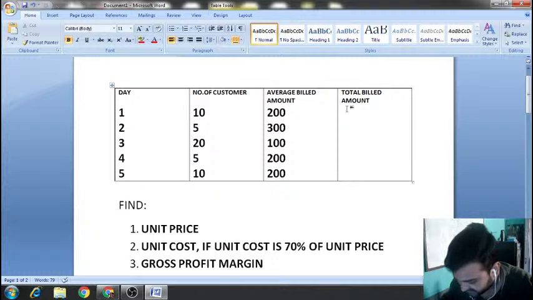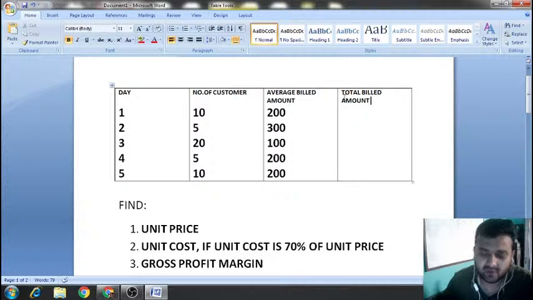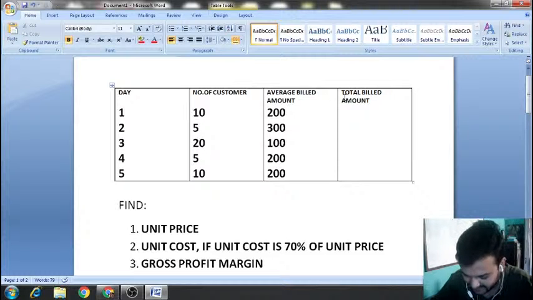One more column you add and write total billed amount.